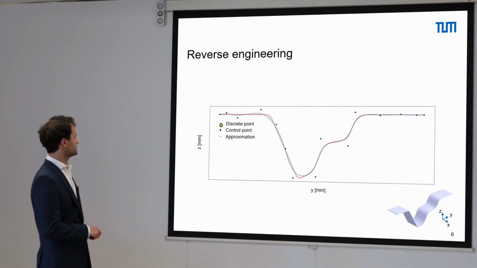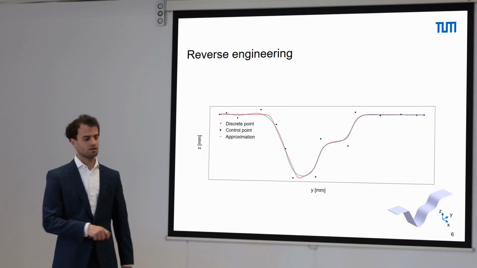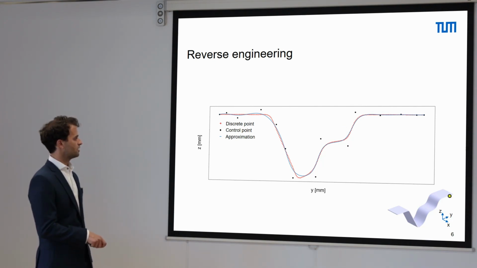And here in red you can see discrete points. These discrete points were added continuously through the arc lengths of this part here in the Z and Y axis.